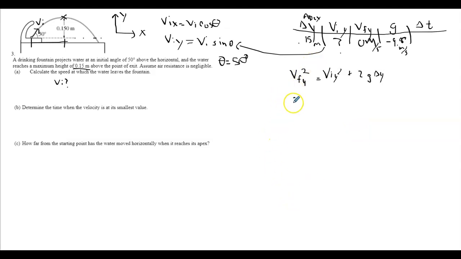So VF is going to be 0 because at the highest point it's not moving up or down. VI is what we're looking for, so VIY is the variable. And we know all the other terms in this equation, so 2, negative 9.8 for gravity, and the height that we have is 0.15. All right, so we're going to multiply 2 times negative 9.8 times 0.15, and that turns out to be a negative 2.94.